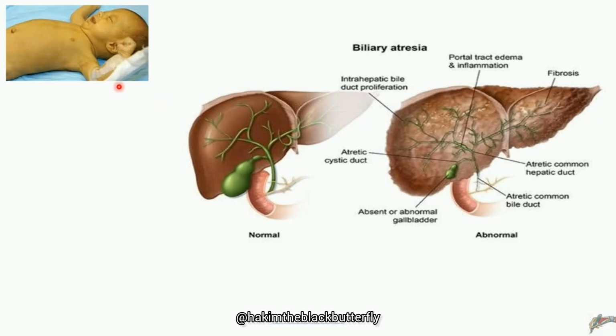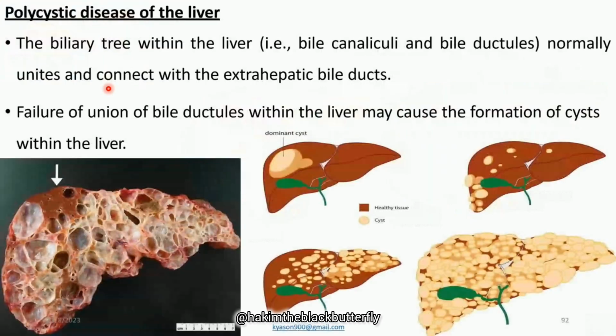Okay, then we have what we call polycystic liver disease or polycystic disease of the liver. Now, in this condition, we are going to have a liver that has multiple cysts within. Cysts are just fluid-filled structures.